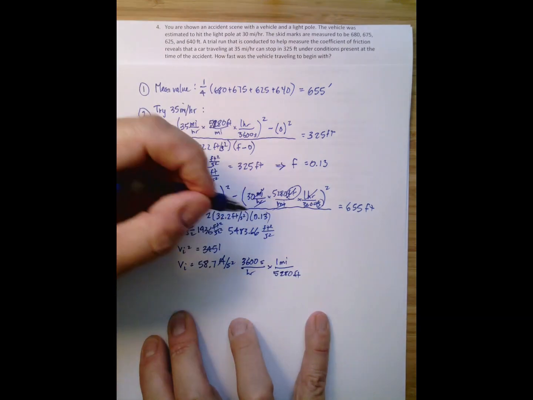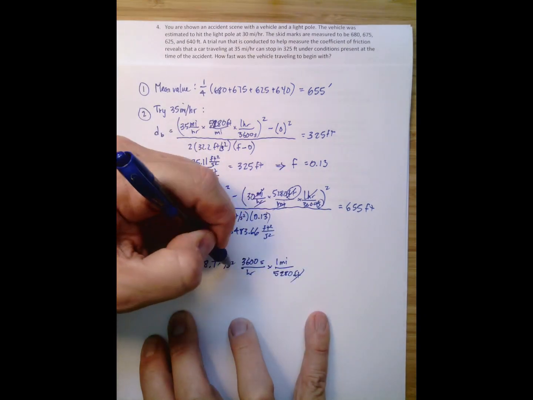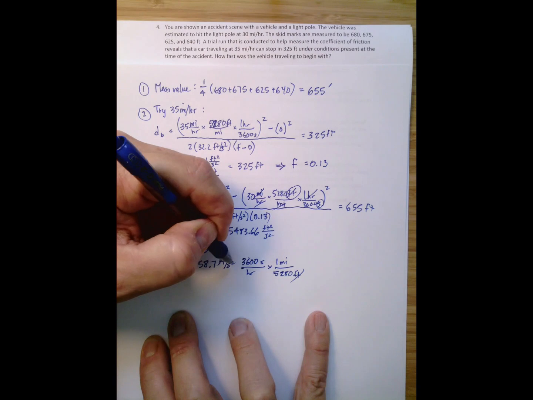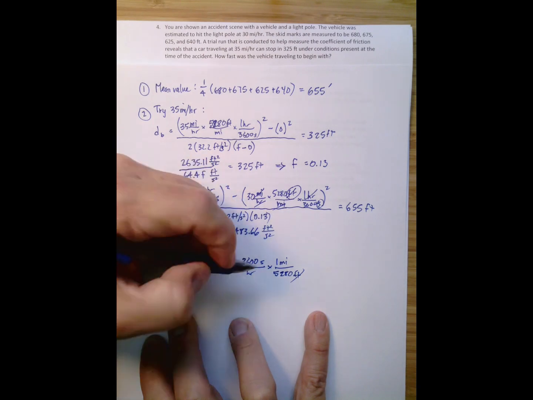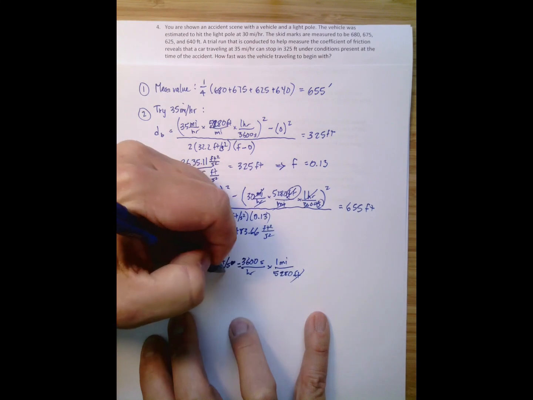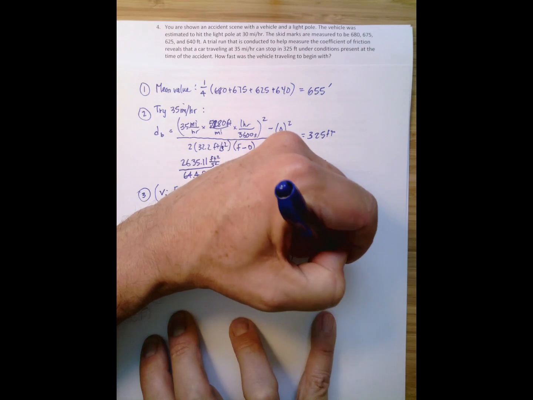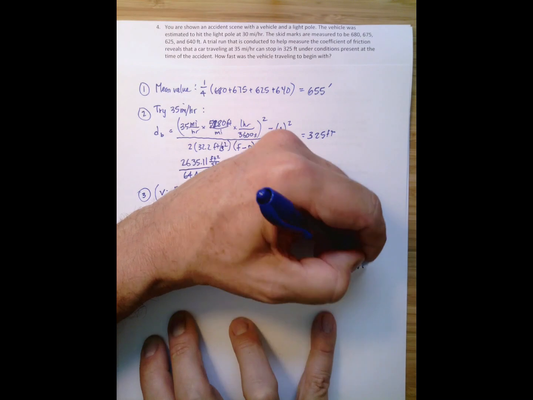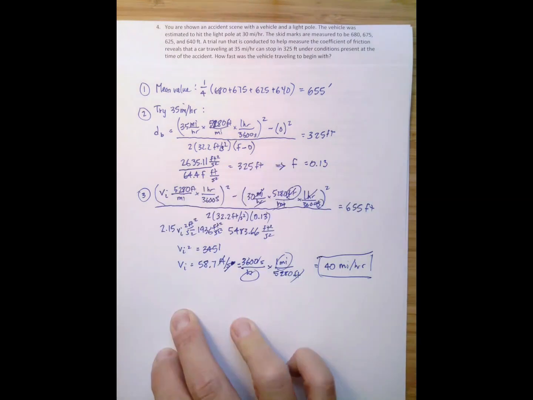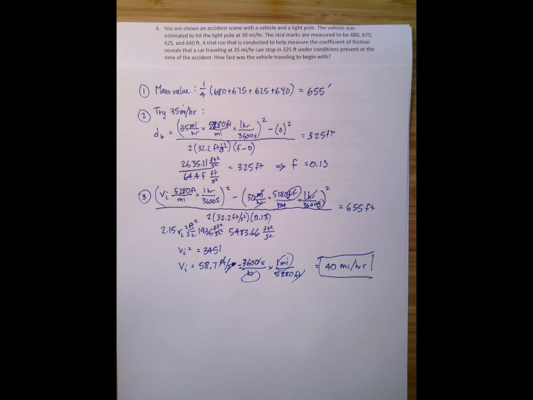So the feet cancel out. Sorry, seconds cancel out. So we have miles per hour. So it is 40 miles per hour, which is our solution. So this one was a little bit more involved.